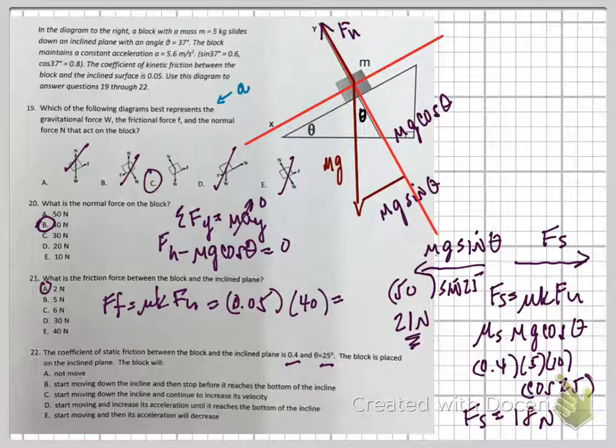So we have to ask ourselves, is 21 newtons greater than the force that's holding us back, which is 18? And obviously it is. So the box will move down the incline. It has a force moving it down the incline. So if there's a force moving it down the incline, it's going to accelerate, which means it has a change in its velocity. So C is start moving down the incline and continue to increase its velocity.